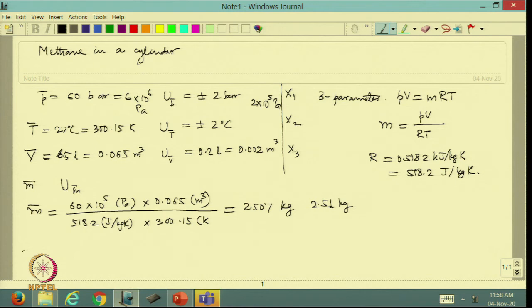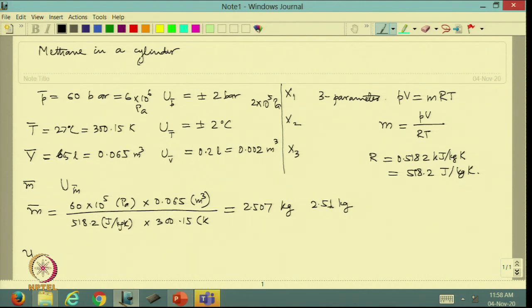Now, for the uncertainty calculation, we have two options. One, we go the long way, calculate the sensitivity coefficients, or we take a shortcut knowing that this is a multiplicative relation. So, we will do it both ways.